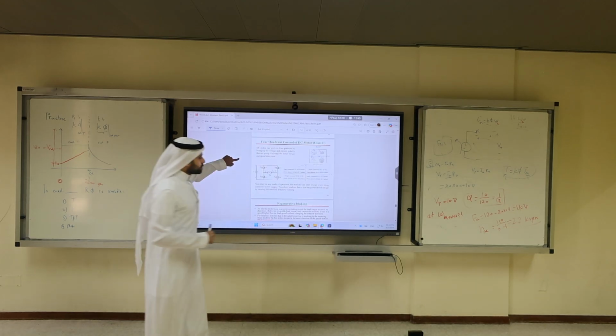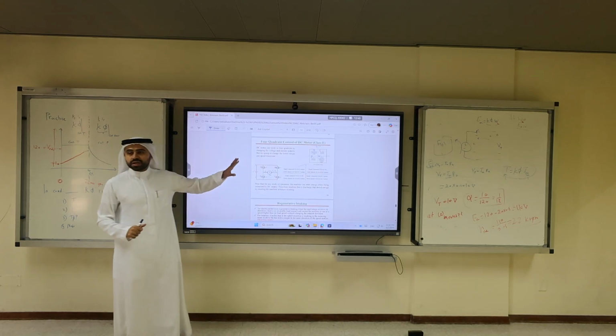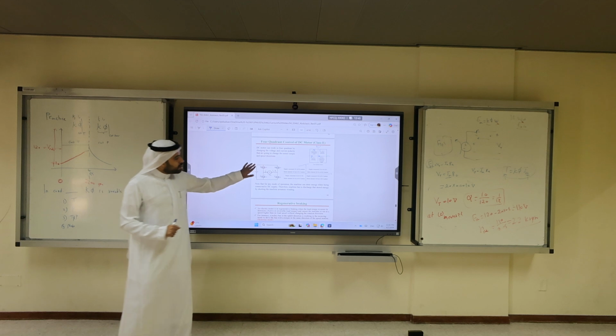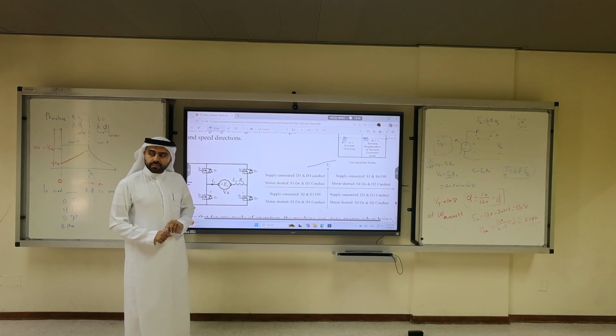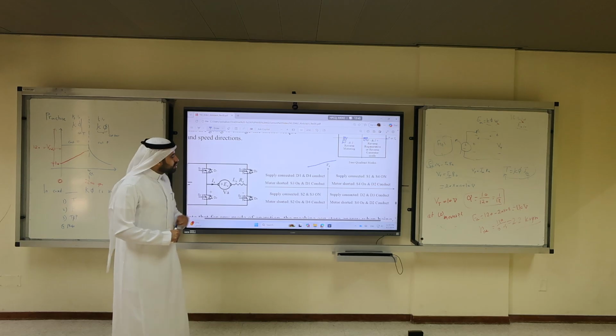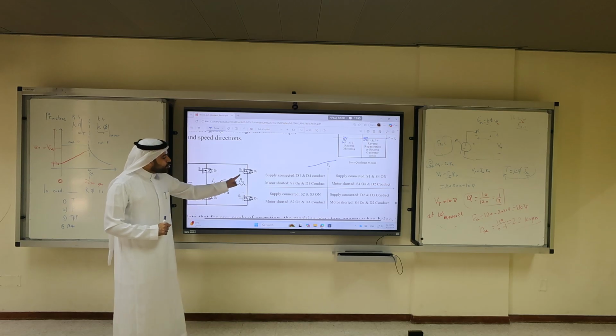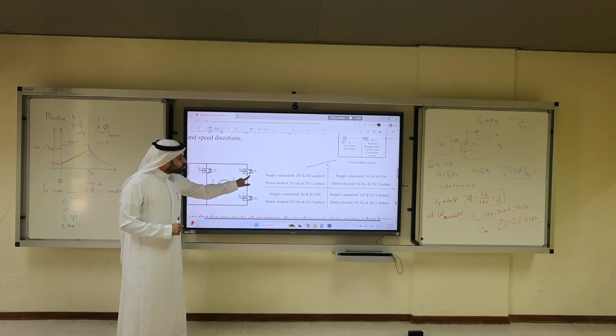How does it work? Using power electronics. What is the name of this diode that's next to the MOSFET? Normal diode? No, it's an anti-parallel diode. Its purpose is to allow the current to flow from the source to the drain.